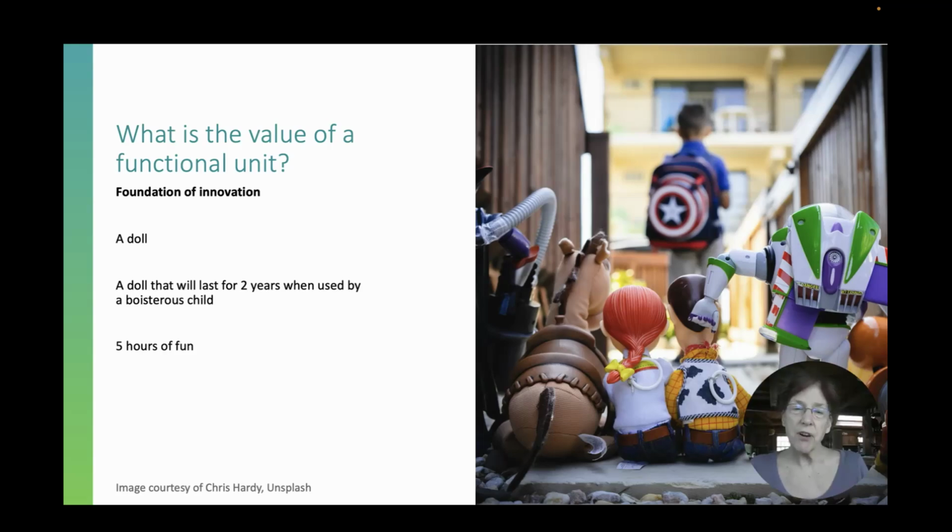So with that functional unit, providing that to the decision makers, providing that to designers, and getting them to think a little bit differently about what they're designing, can really allow new ways, new business models, new ways of producing product.